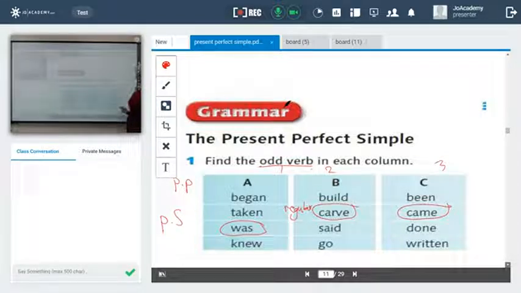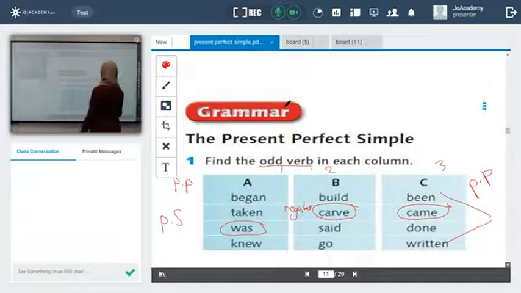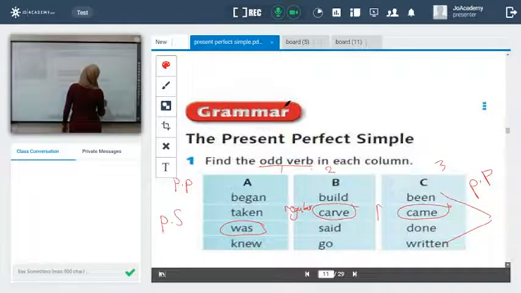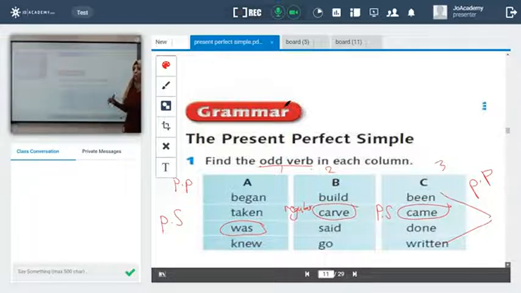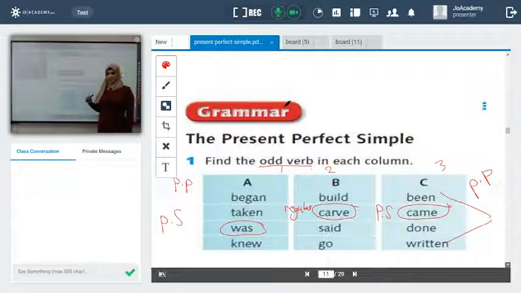Because been, done, written are past participle verbs, verb 3, but came is a verb in the past simple. So it is verb 2, whereas the others are verb 3. Okay, good. I think this exercise is an easy one.